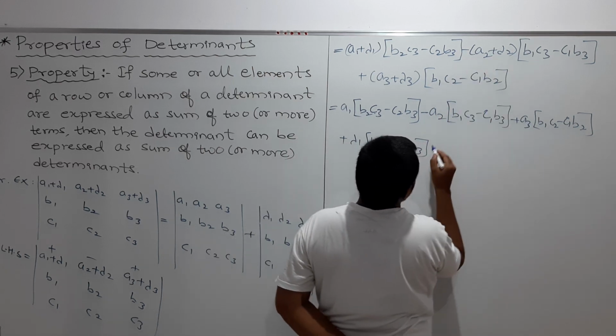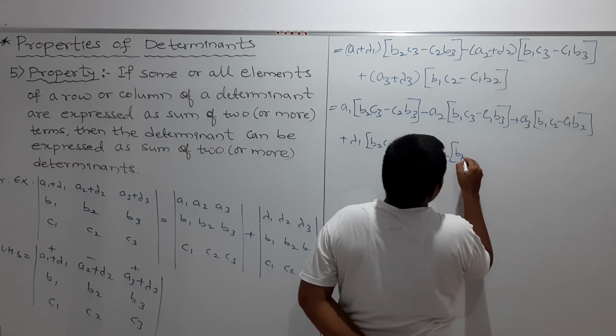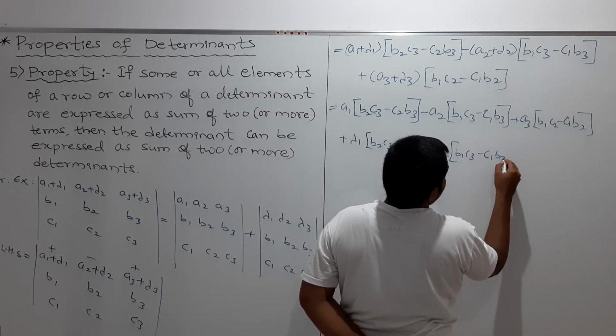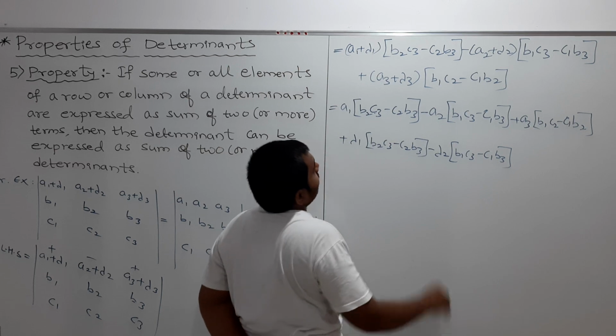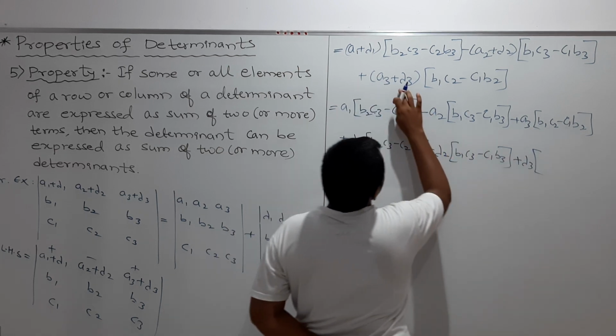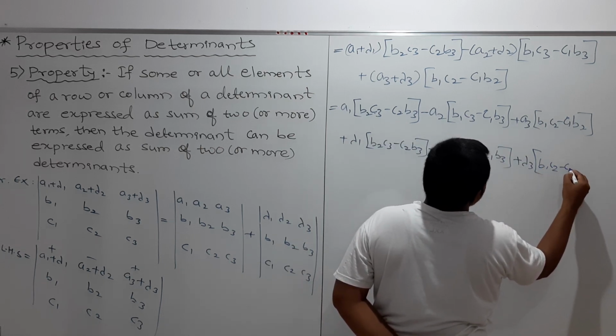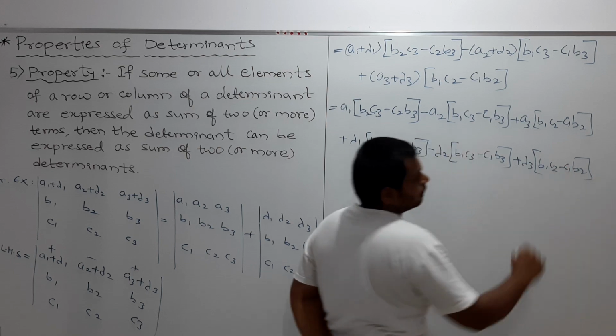Next minus lambda 2 into this term, b1c3 minus c1b3. Clear? And next, plus lambda 3 into this term, again b1c2 minus c1b2.